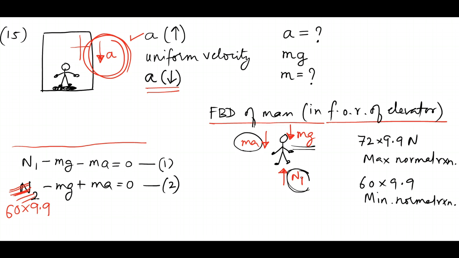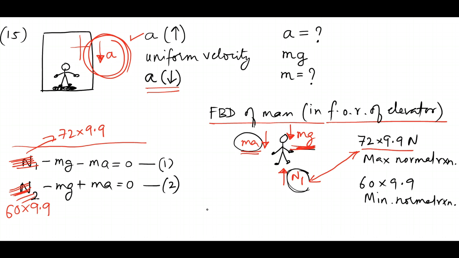In this case, N1 is balancing the sum of mg and ma, and obviously N1 has to be large, and so N1 is going to be the maximum normal reaction given in the question, which is 72 into 9.9 newtons. And so when I look at equation number 1, I have to substitute in place of N1 I'll write 72 into 9.9 newtons.